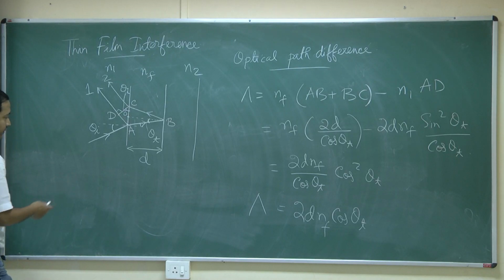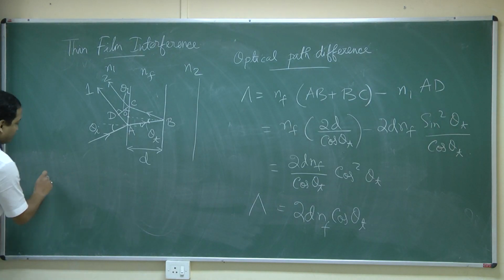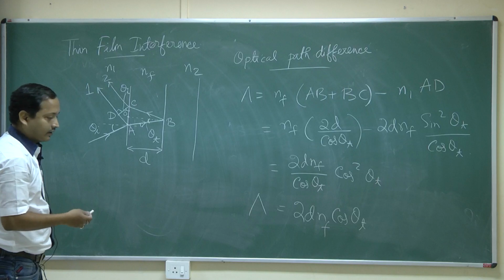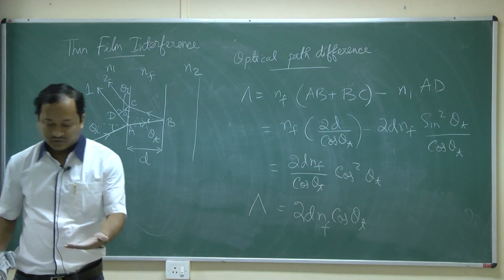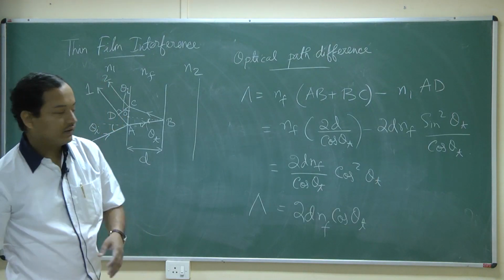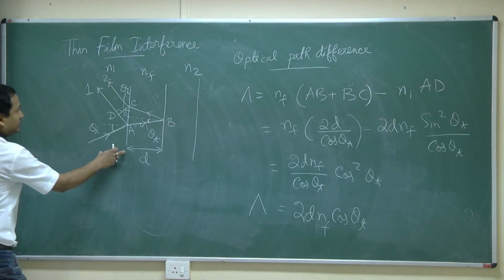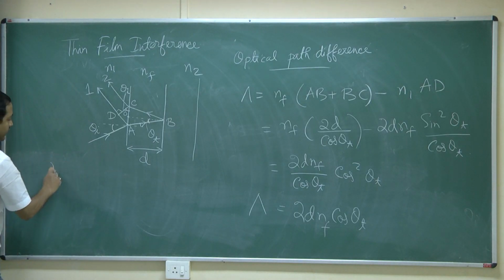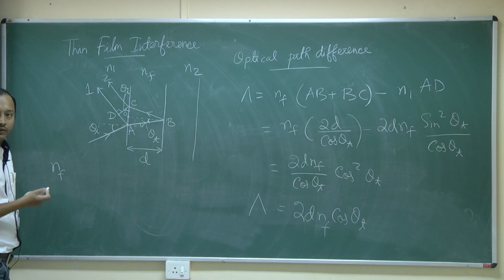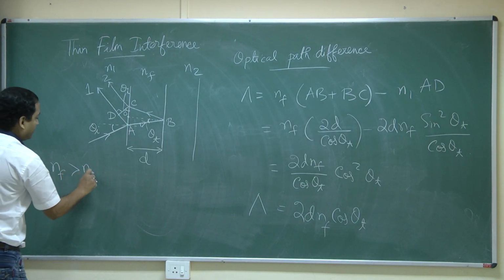So let us define a situation, as an example, like when I was seeing an oil film on a wet water surface, n1 is typically air, and nf is the refractive index of oil in that example, this is greater than n1.